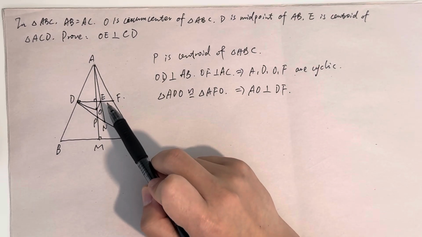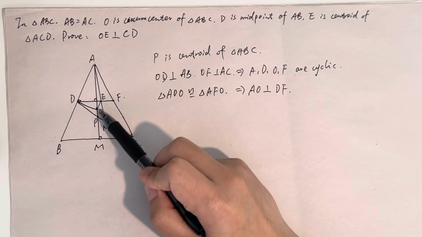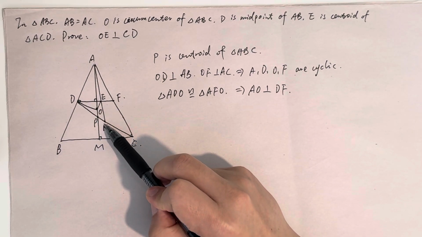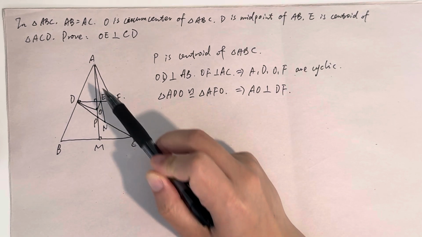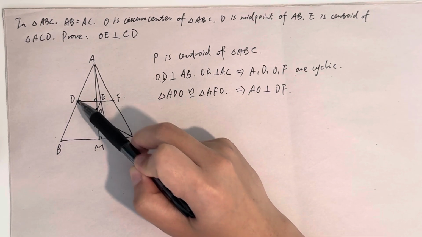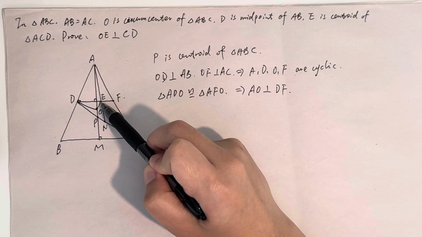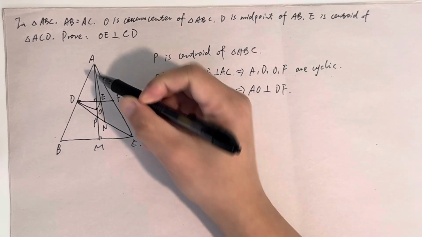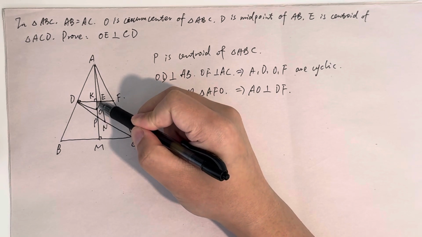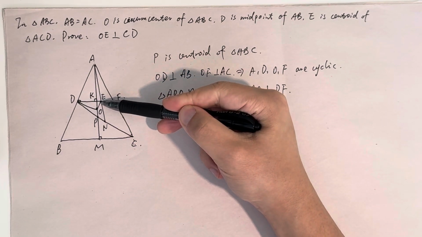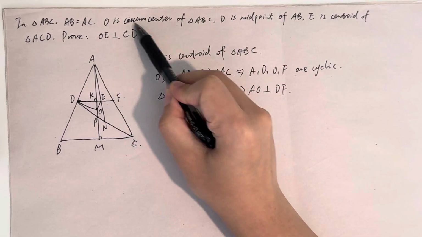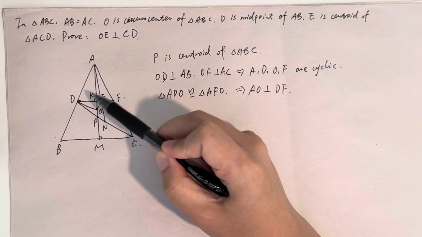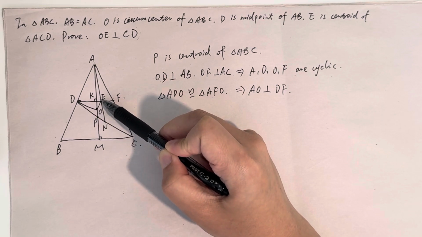Now, if OE is perpendicular to CD, that means OE is perpendicular to DN, or OE is perpendicular to DP. Let's draw a line from P to this point, let's call it K. PK is perpendicular to DE. So if this is valid, that means O is the orthocenter of triangle DPE.